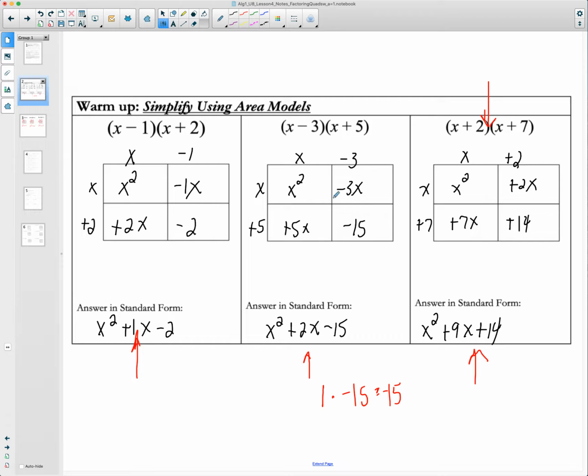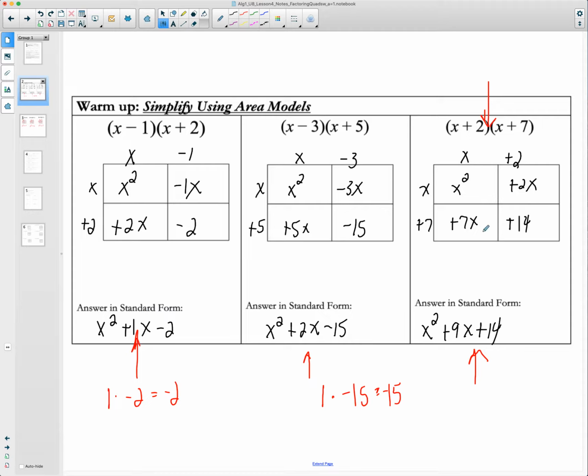And then when I do 5 plus negative 3, that's a positive 2 here. So there seems to be a pattern here. So I'm going to move to this first example. Notice if I do 1 times negative 2, that is negative 2. And if I look here, 2 times negative 1 is also negative 2, but then 2 plus negative 1 is that positive 1 we have here in the middle.